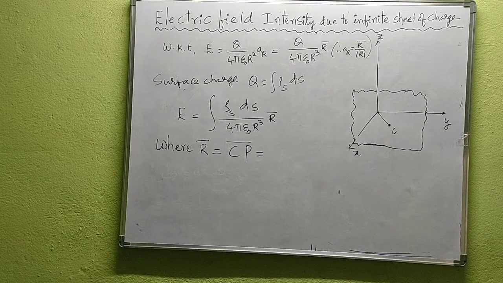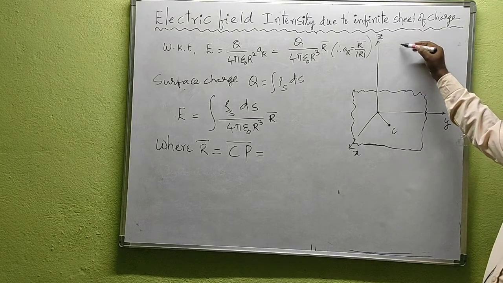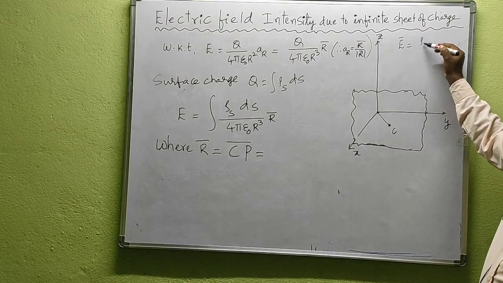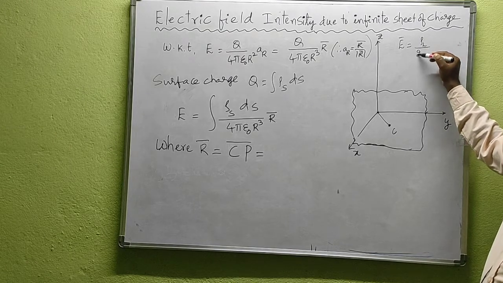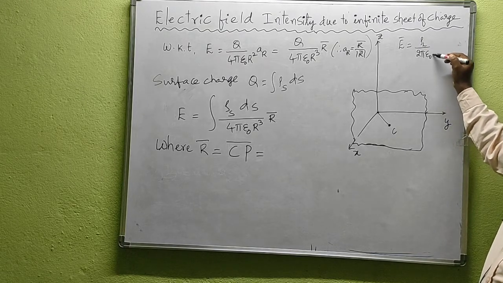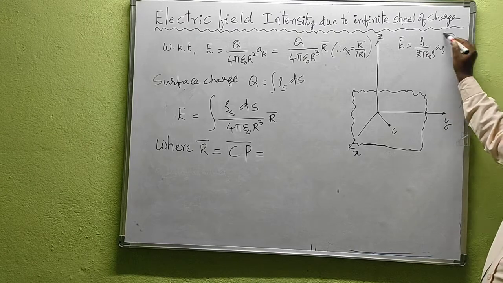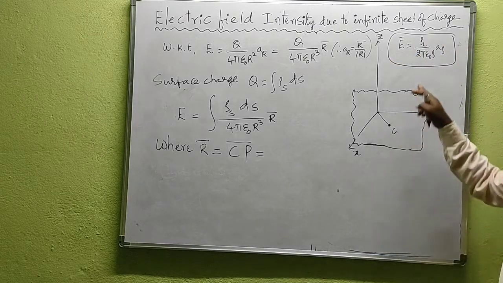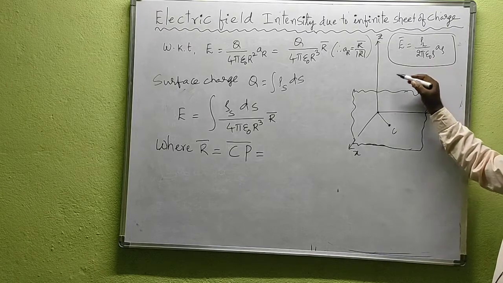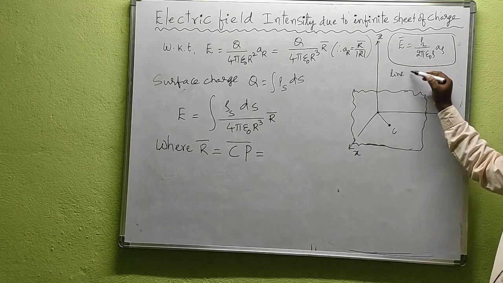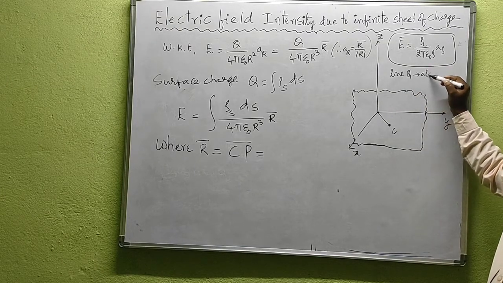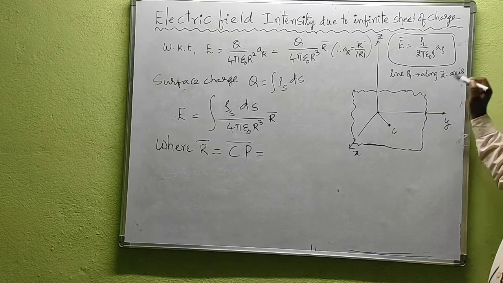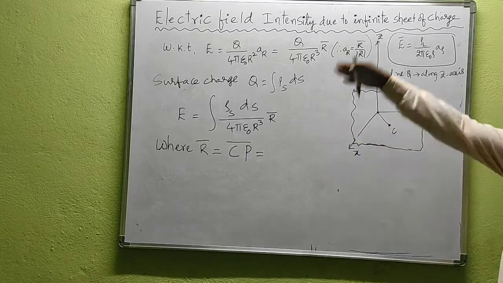Here we need to apply some logic. In the previous case we derived the electric field intensity due to infinite line charge, which is rho L by 2 pi epsilon naught rho, a rho. In the previous derivation we considered the line charge along the z axis. That means the source is along the z axis.